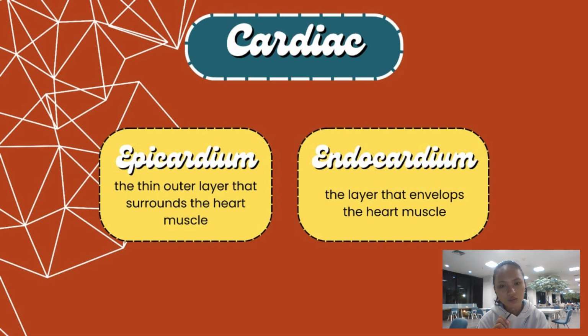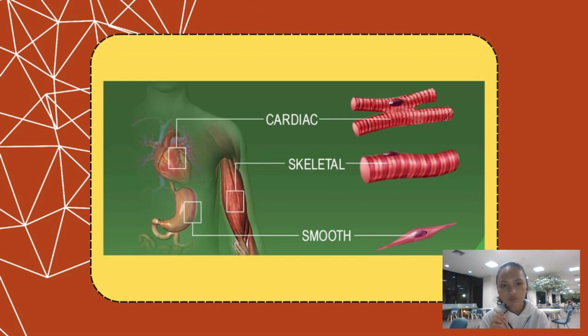Cardiac muscle, same like smooth muscle, just has two structures, epicardium and endocardium. Epicardium is the thin outer layer that surrounds the heart muscle, and endocardium is the layer that envelopes the heart muscle. Okay, further explanation will be given in the types of muscle.